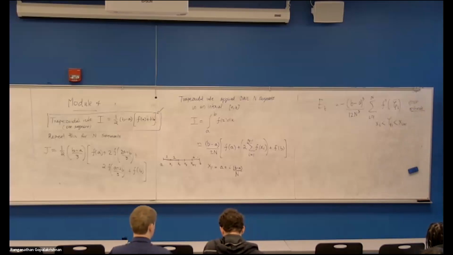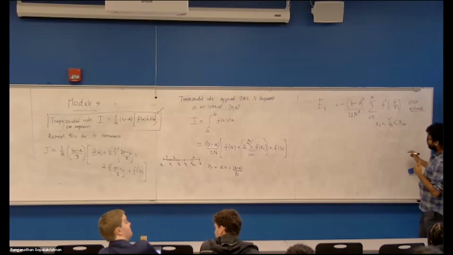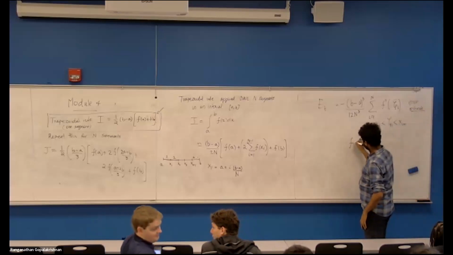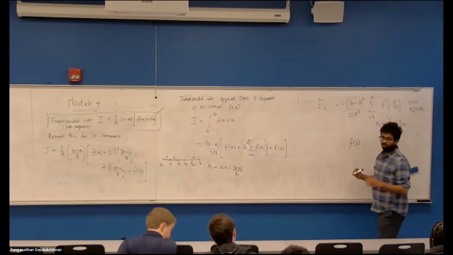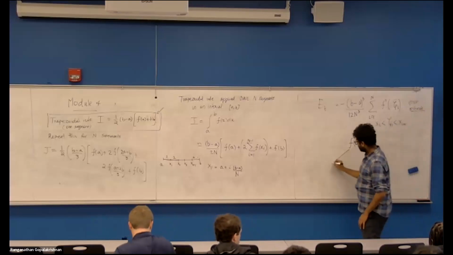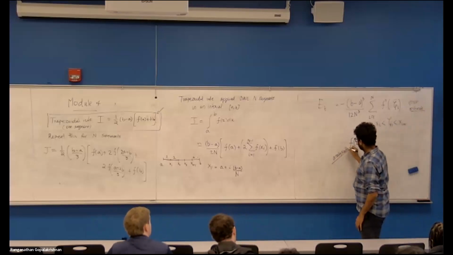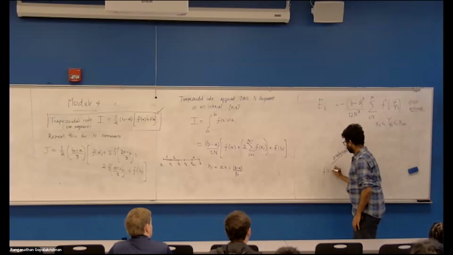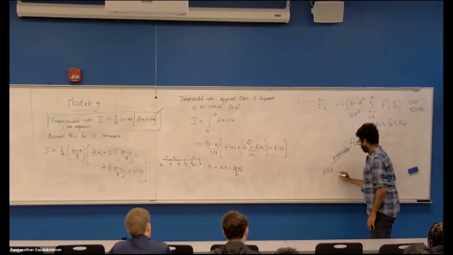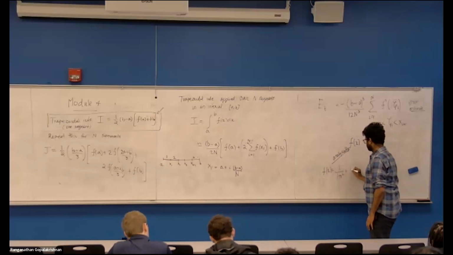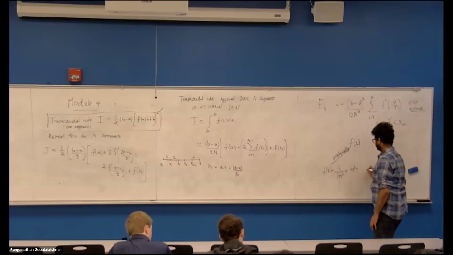So before we go on to Excel, I want to distinguish between two cases. If you have f of x, one way of specifying f of x is to specify it analytically. That is, they can give you f of x as a functional form, say for example 1 over 1 plus x squared plus 4x cubed, something like that.